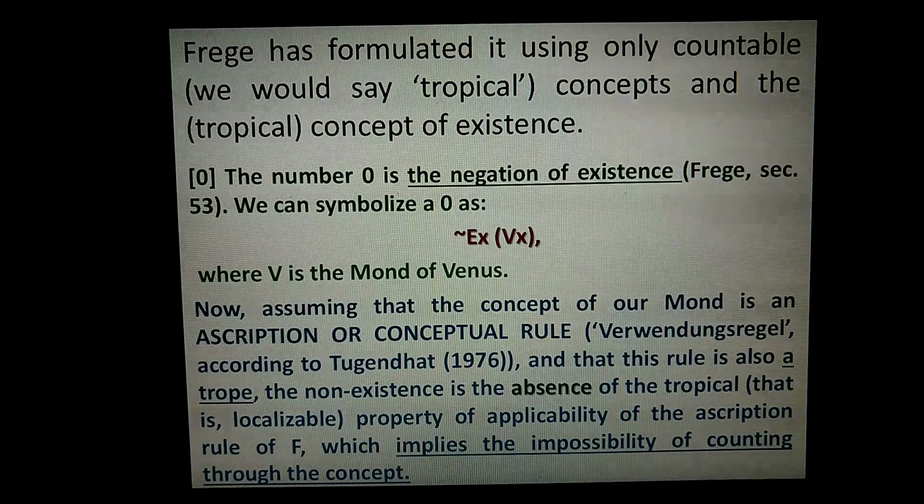This rule, as it is applied, is spatio-temporally localizable, and a property, also a trope. The non-existence is the absence of the tropical, that is, localizable property of applicability of the ascription rule of F, which implies the impossibility of counting through the concept.